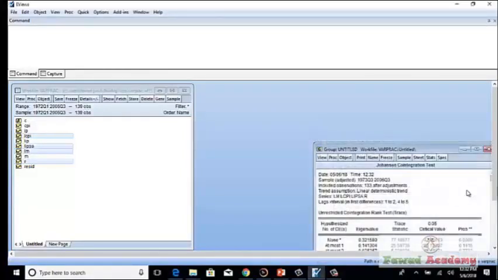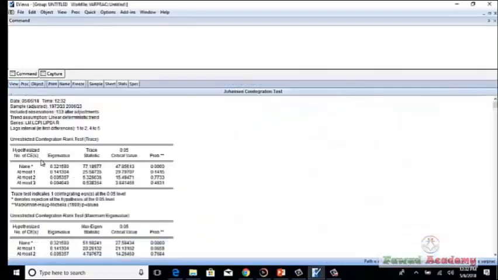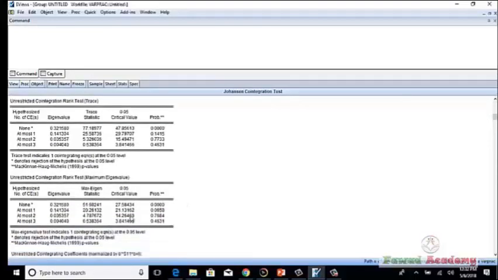Click OK. These are two cointegration tests, the trace test and the maximum eigenvalue test. The trace test indicates one cointegrating equation at the 0.05 level, and the same is true for the max eigenvalue.